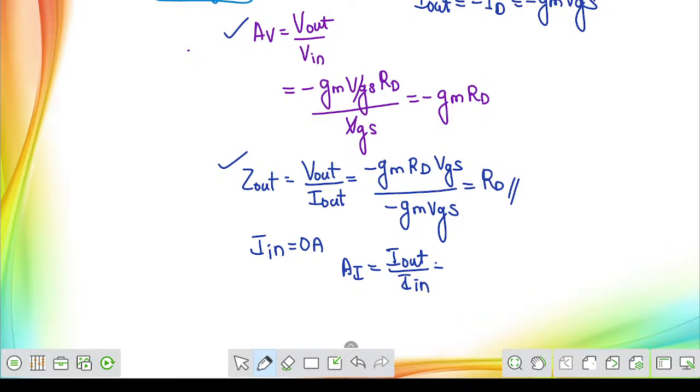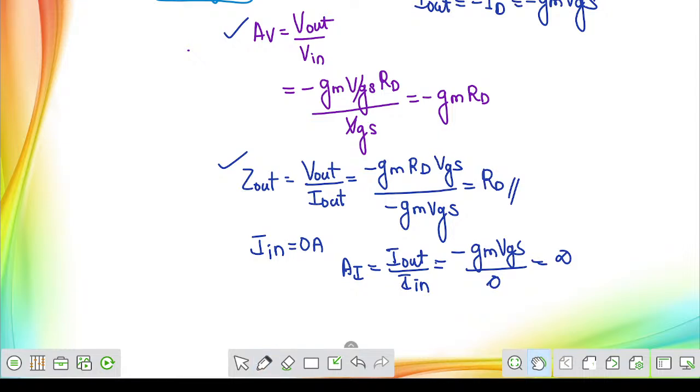But what about input current, sir? That is approaching 0. In this given circuit, there is no input current, so this will be approaching infinity. Current gain is very high for the given circuit. That's why I did not explore that value here.